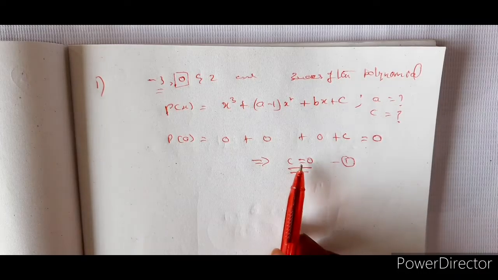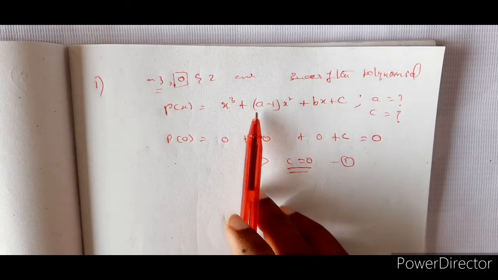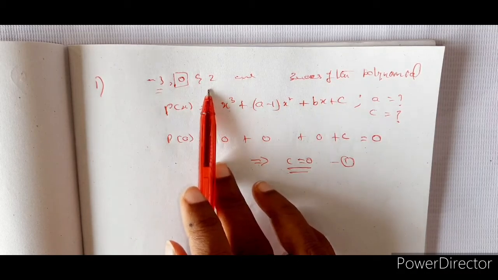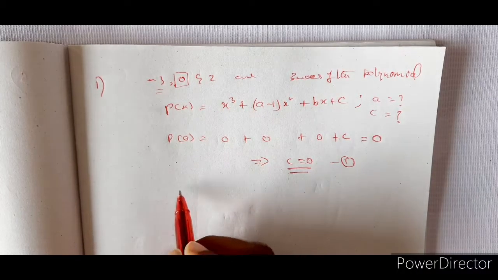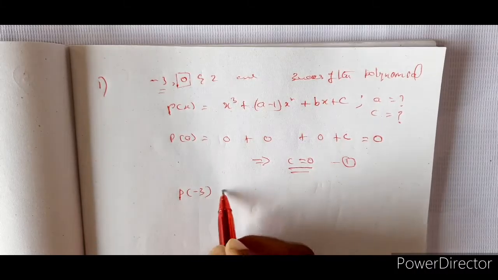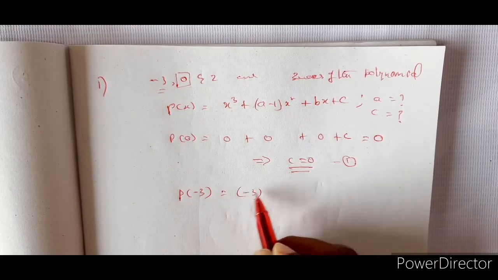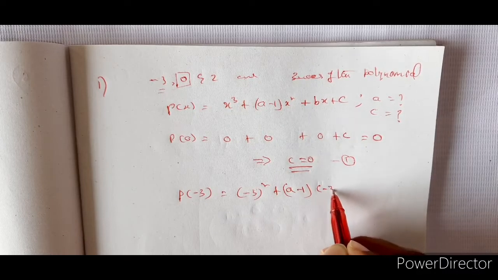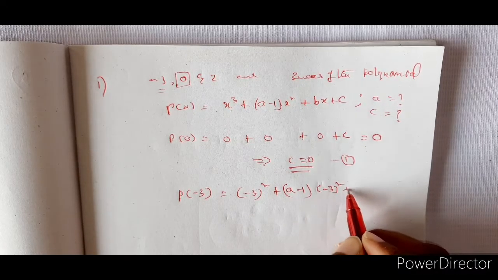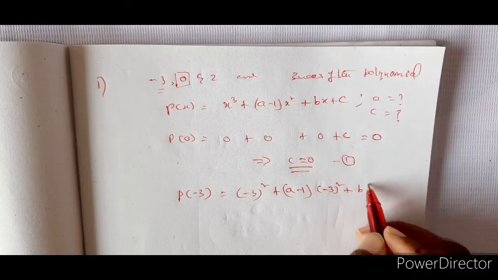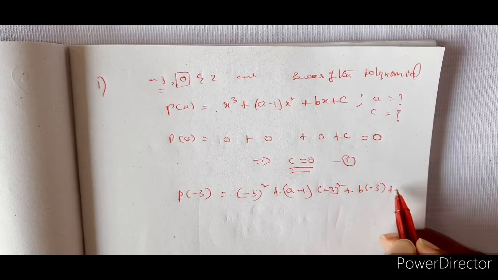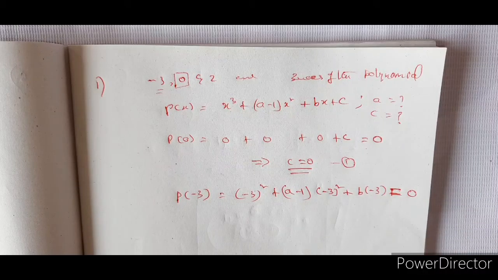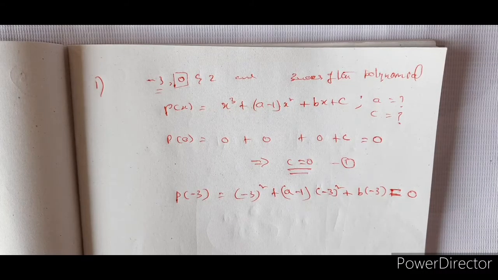Right, so once we got the c value, you can substitute c in this and then you can substitute these two zeros also. Now let us do p of -3. So (-3) whole cube plus (a minus 1) into (-3) whole square plus b into -3 plus c is 0. Plus c is 0, so no need for me to write down c now.